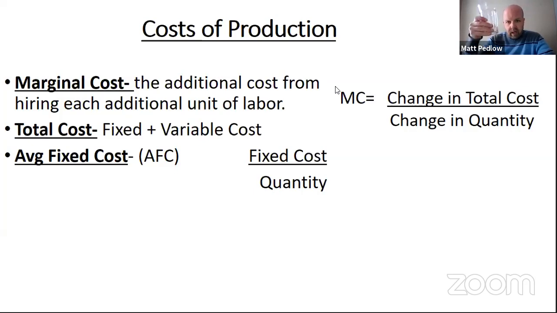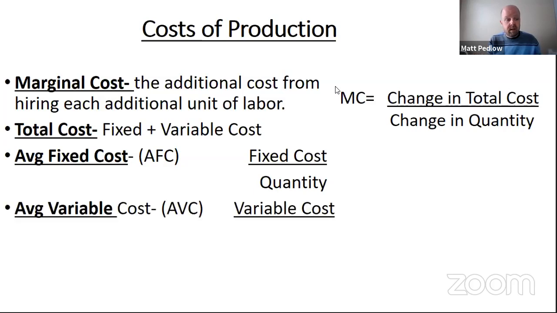So if I only make 1 glass at the end of the month, the average fixed cost for this was $1 million. Probably not going to be very profitable. However, if I make 1 million glasses, my average fixed cost goes all the way down to $1. So what does your average fixed cost look like? It just falls in your curve because you're dividing by a higher and higher quantity. So understand that idea of average fixed cost.